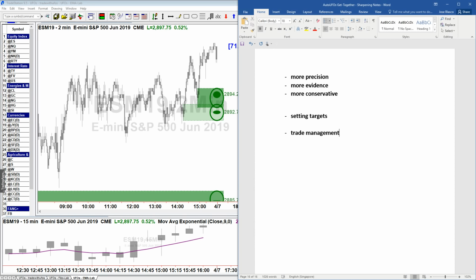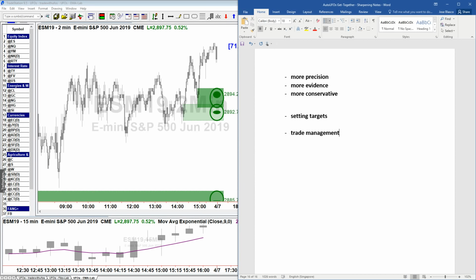But at the same time, again, there may be room for improvement. And I'm not saying to improvise. Okay, I'm talking about rules. There may be room for improvement when it comes to how to manage the trade by adding a collection of rules that in certain conditions, in certain situations, you end up doing certain things that may involve changing a target, moving your stop, closing the trade ahead of time, things like that.